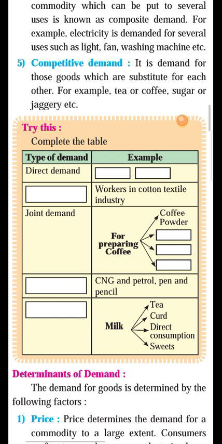In your textbook it is not given, but competitive demand is also called cross demand. It means when the price of one commodity increases, the demand for its substitute increases. I have given many examples of substitute goods previously, like tea and coffee, Pepsi and Coca-Cola, Maaza and Slice, Colgate and Pepsodent. All these are examples of competitive demand.